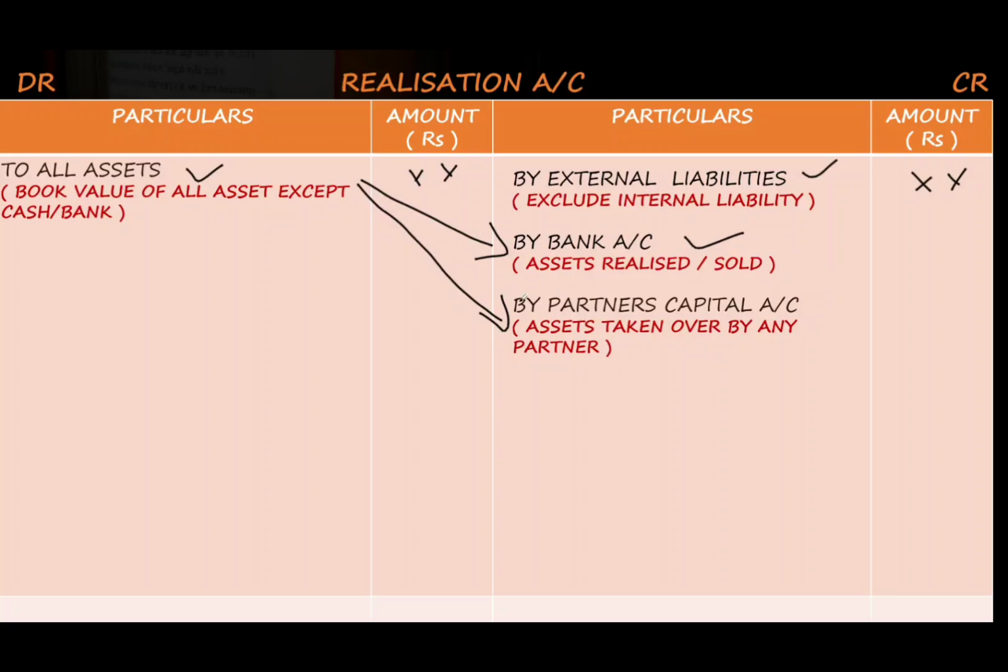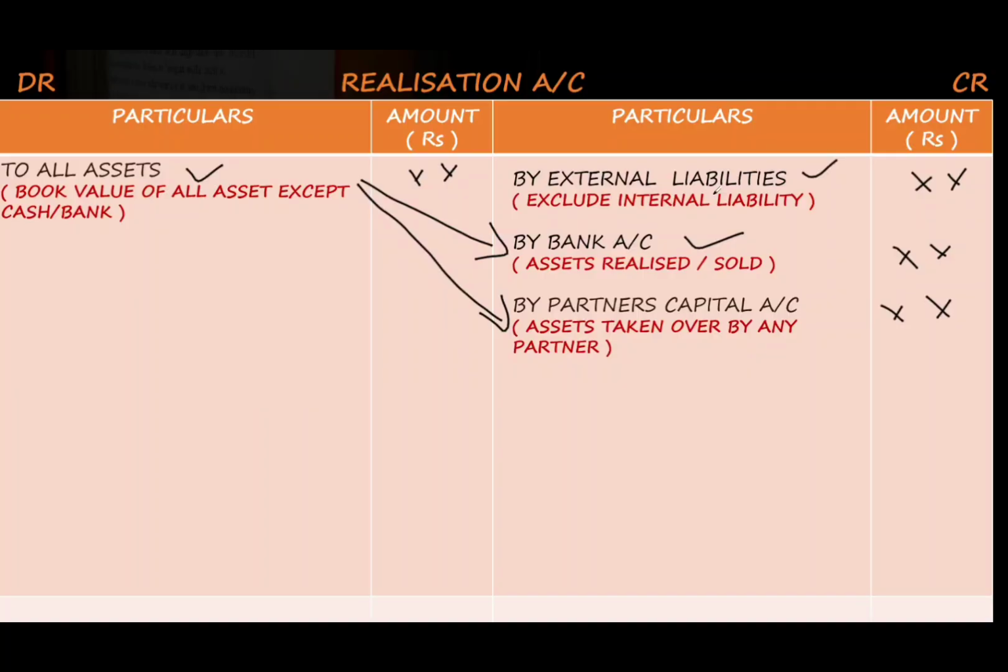Now similarly, after the assets are realized, the liabilities we have taken here should be paid off. The liabilities of the firm should be either paid off or taken over by a partner. When the liabilities are paid off, cash goes out through bank.